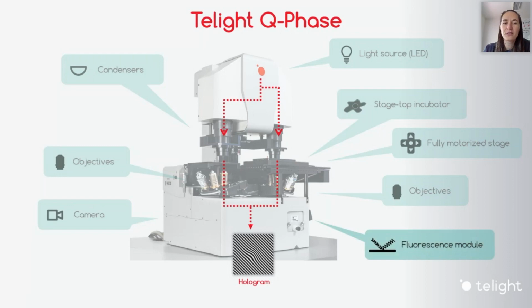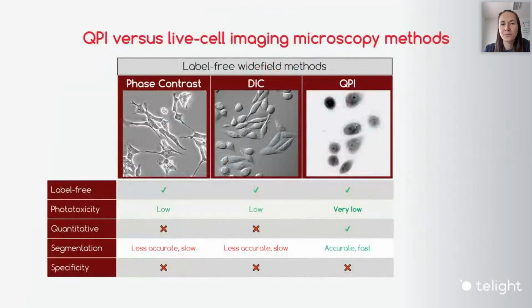And from the side, we decided to couple the microscope with a fluorescent module so we can combine QPI and fluorescent imaging. And there is a reason why we do that: label-free wide-field methods such as phase contrast, differential interference contrast, or QPI are all label-free with low phototoxicity, but all of them lack specificity. So when you want to visualize specific structures, you have to stain them.